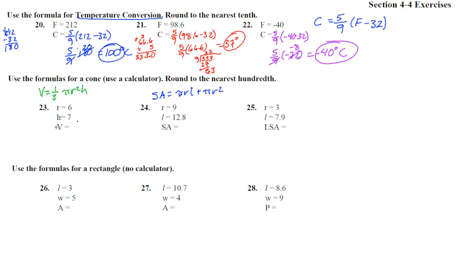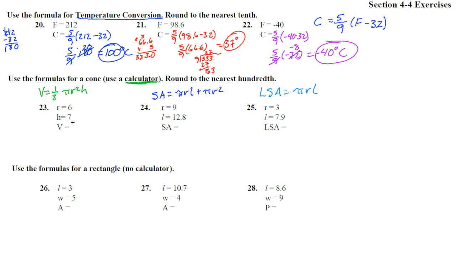That came out of the book. And then the last one was LSA. LSA was pi times r times L. And notice on this one, we get to use a calculator. Oh, happy day. We get to stick these things in. It has the pi in it. So yeah, let's do it.